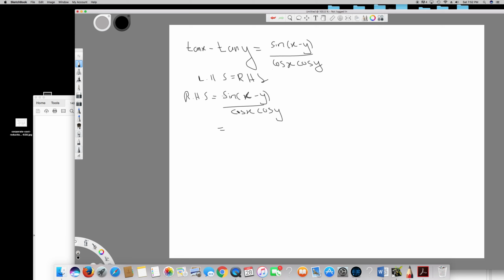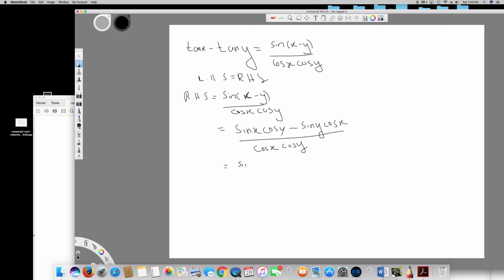We can expand sin of x minus y, which is sin x cos y minus cos x sin y. So sin x cos y minus sin y cos x over cos x cos y. I'm going to separate this into two fractions.